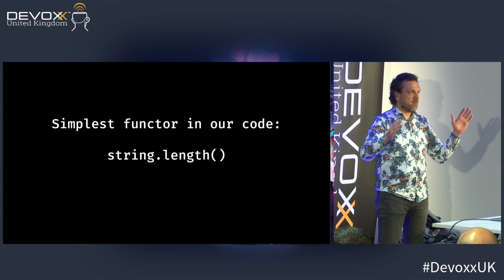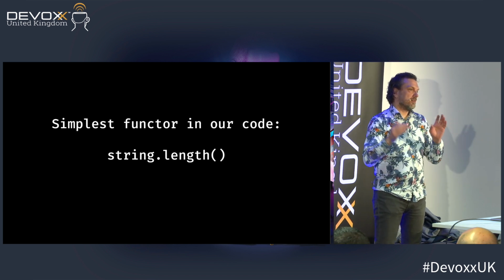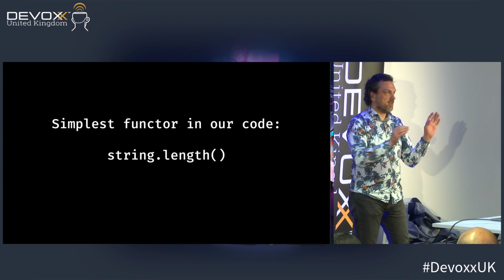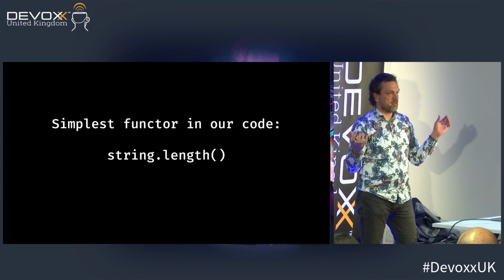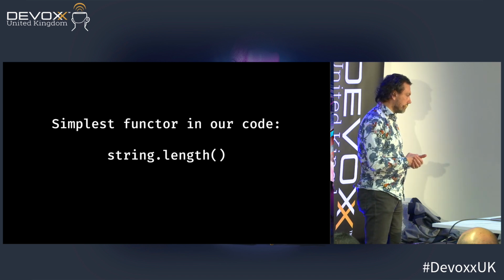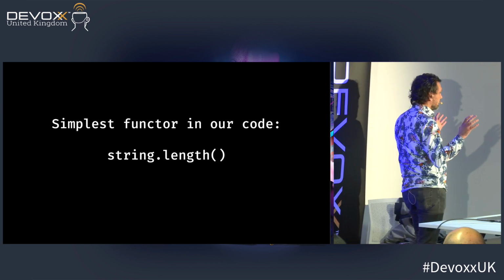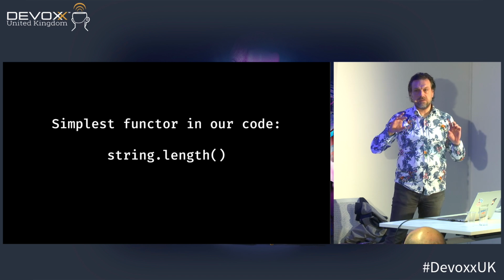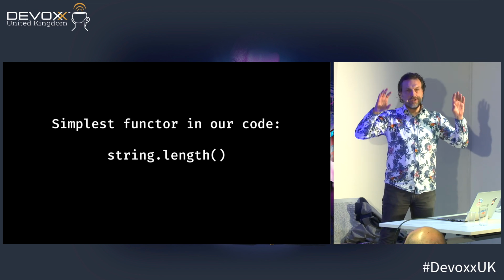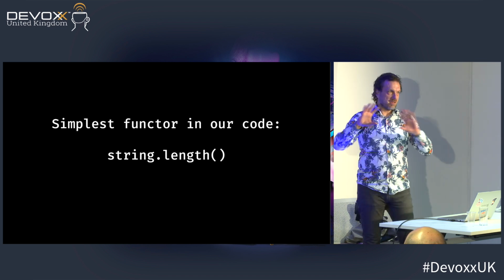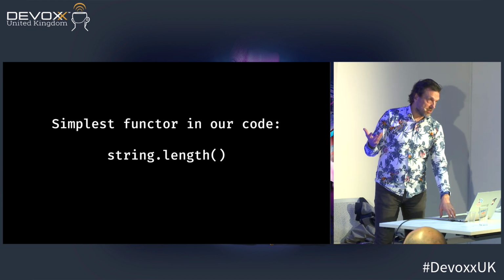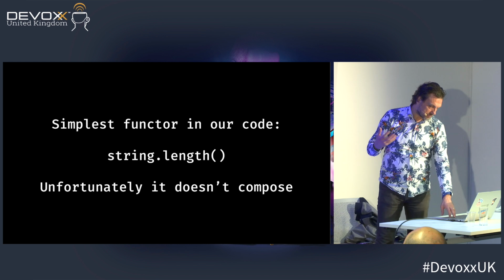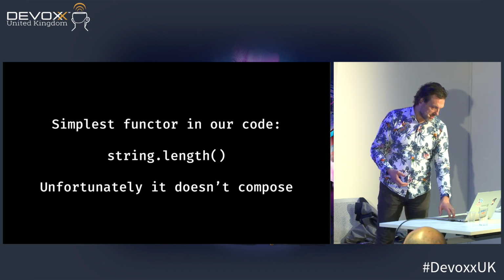So each character we can combine together, the integers we can combine together, and so we can see string length as a functor between these categories. But this is just an example, to show that functors are not something where you need to use a functor library. Anything is a functor. But okay, string length is not really reusable. It doesn't combine very easily with other stuff.